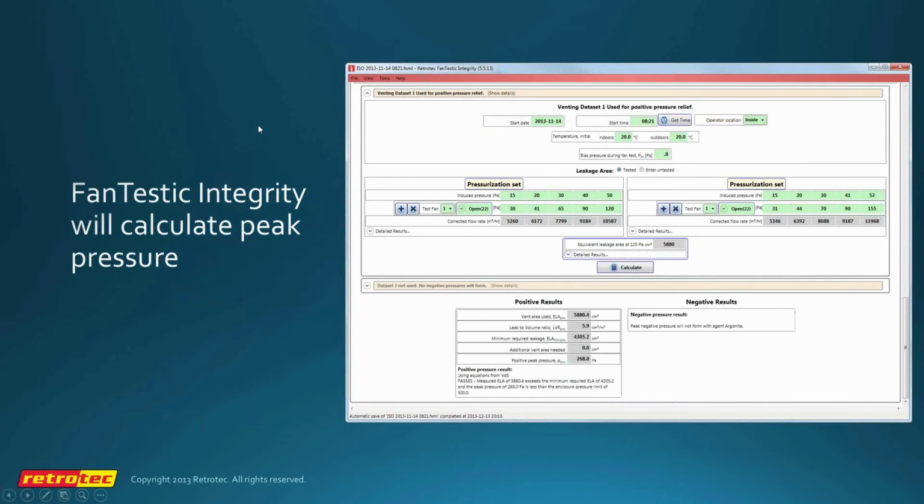So this is Fantastic Integrity. It's been totally redone. We have a multi-point test in there for ISO and so on. We're now calculating the hold time and vent area requirements and peak pressure evaluation all in one package.